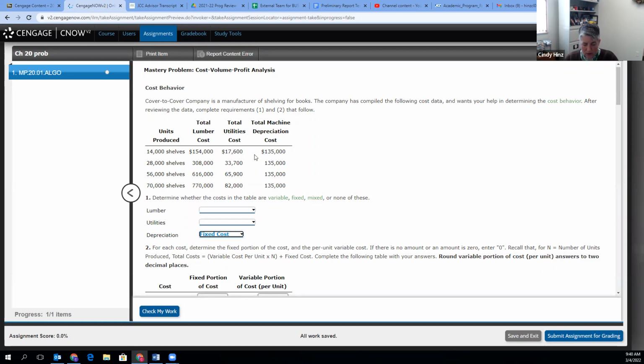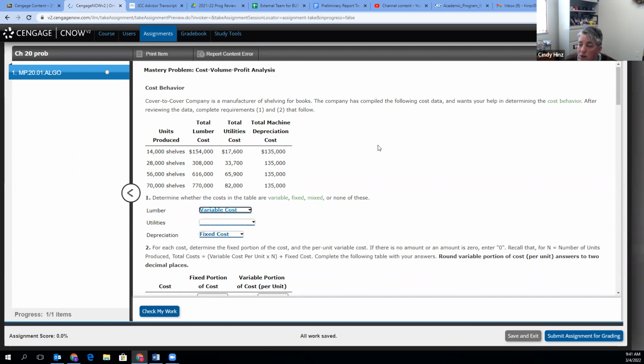And it looks on the face of it like they might both be variable costs. Okay, so as we went for the total lumber cost, as we went from 14 to 28,000 shelves, the total cost did double. And so that tells us that is purely a variable cost.